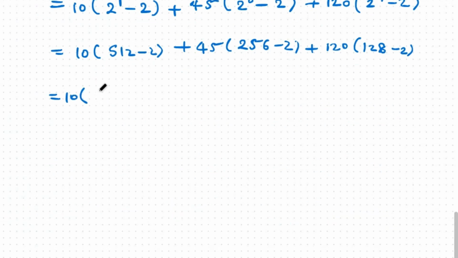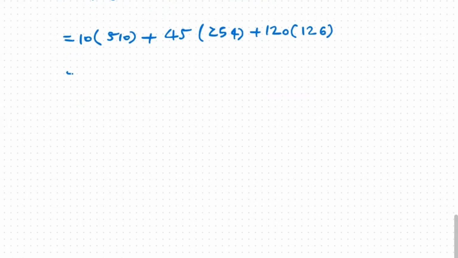10 into 510 plus 45 of 254 plus 120 into 126. On calculation this will be 5100 plus the value of this through multiplication is 11430.